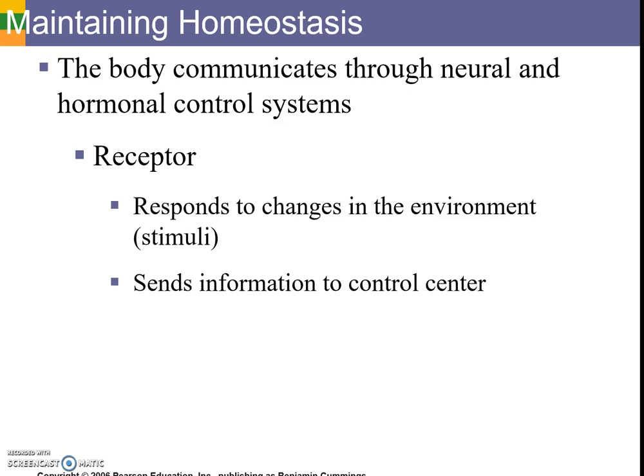The receptors are what notice and respond to some sort of change, and of course, they're active all the time, monitoring everything all the time. They will send a response to the control center, wherever that should be, according to whether we're talking about the neural system or the hormonal endocrine system.